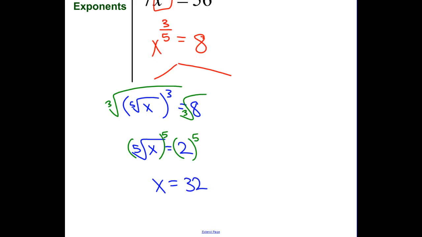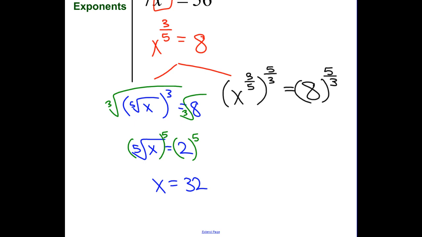Now the other way you could do it is you could look at that exponent. You could know your rules of exponents. So what do I need to raise it to the power of? Because remember, when I raise to the power of a power, we multiply those. To make it so it's x to the 1st power, I would do x to the 3/5 to the 5/3, and that would equal 8 to the 5/3.